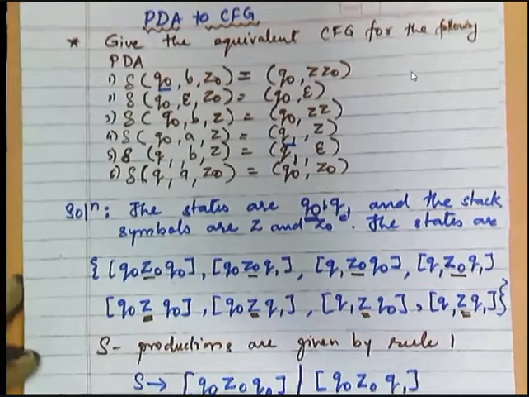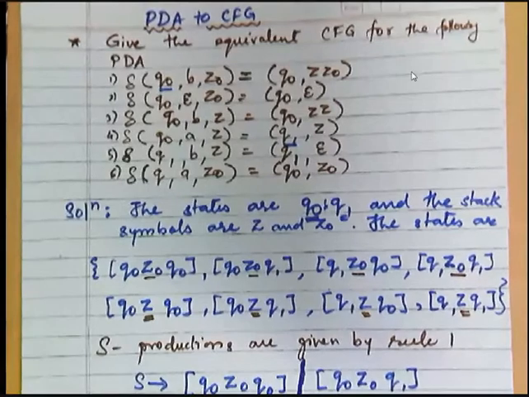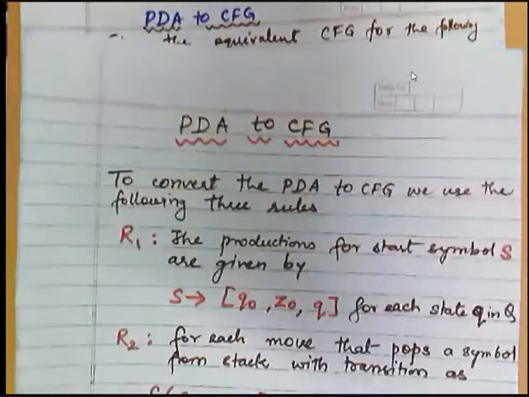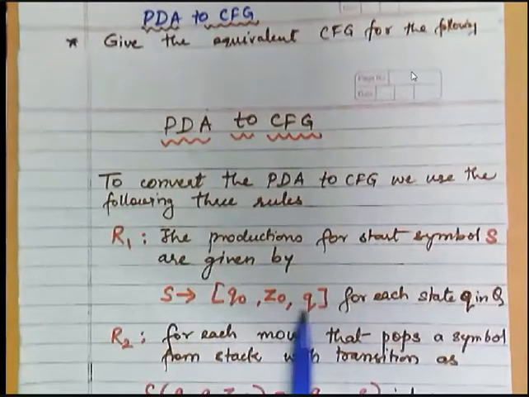There is an oblique sign. Why? Because it is written that for each state Q in Q, you have to write such a rule.